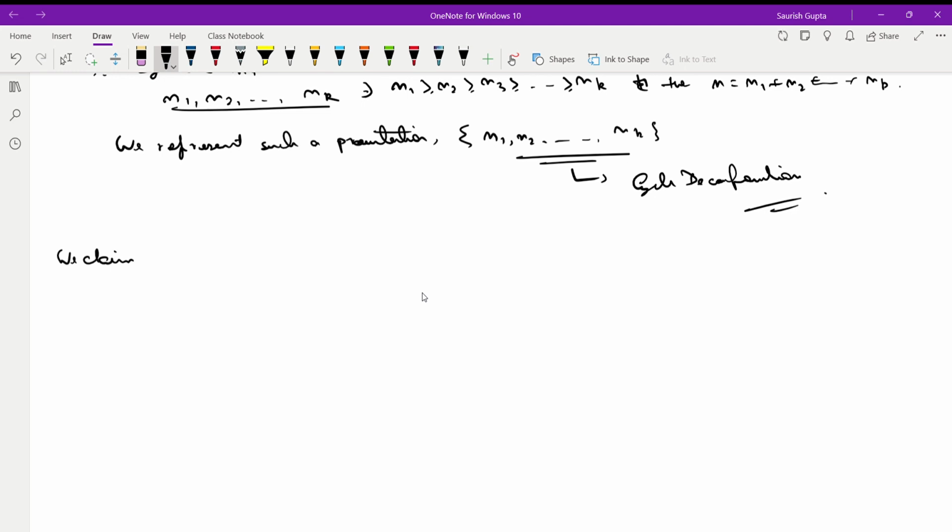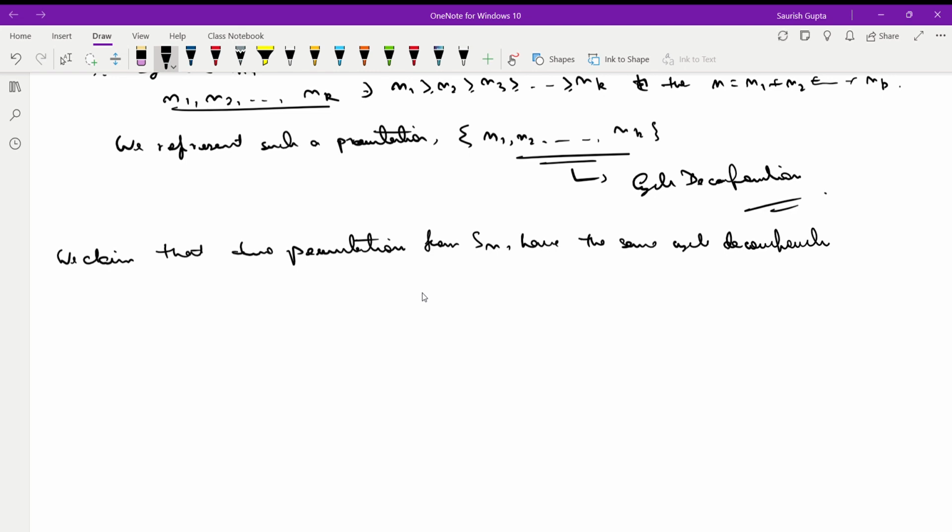We claim that two permutations from Sn are conjugates if and only if they have the same cycle decomposition. I should have written it the other way around, which seems more precise, because we want to emphasize them being conjugates.